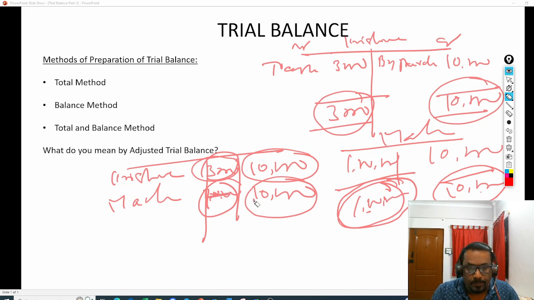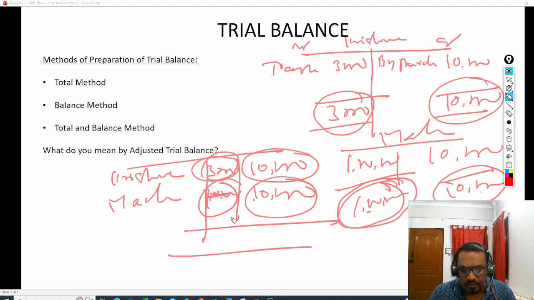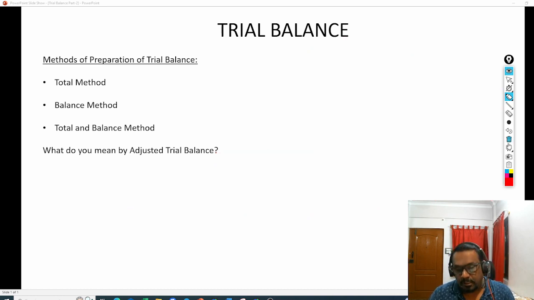If I have both debit and credit, I will update both debit and credit totals. Once everything is updated, I will just total this and these totals should tally. These totals should tally. That is how the total method of updating trial balance is going to work out.